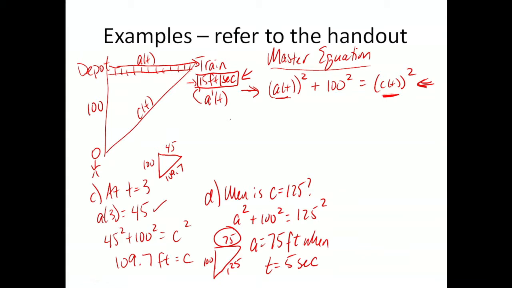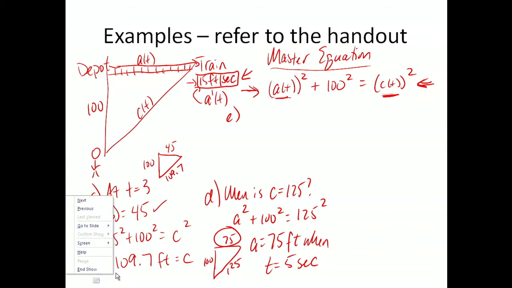So part E, which I'm going to do right here under this, is asking at what rate or what speed is the distance between you and the train changing when it's 125 feet away from you?